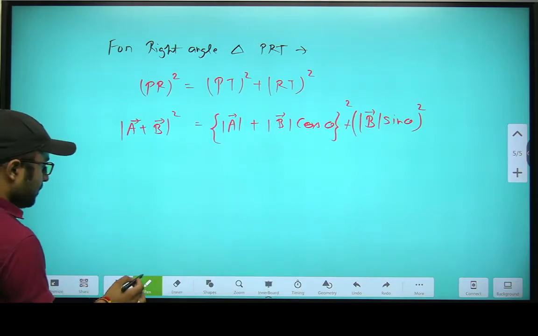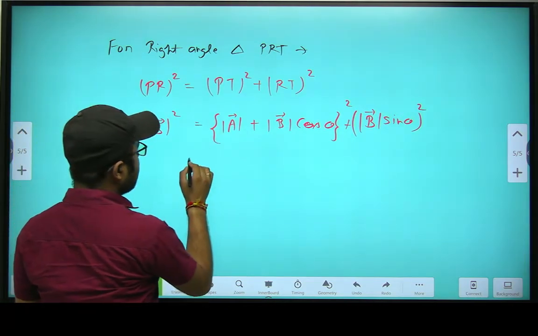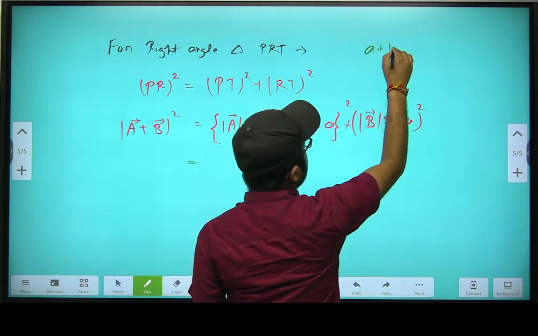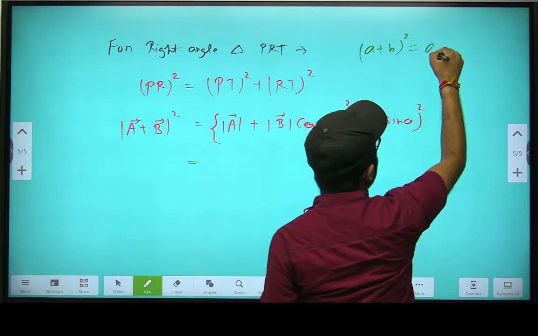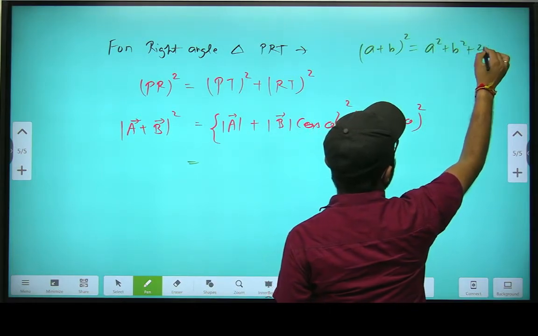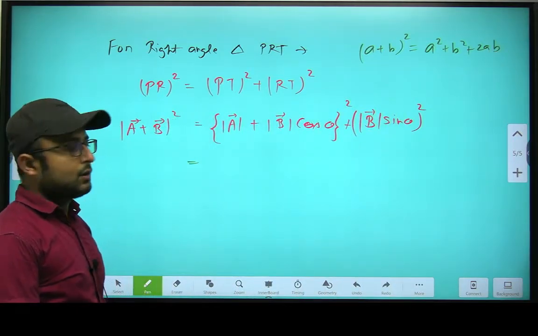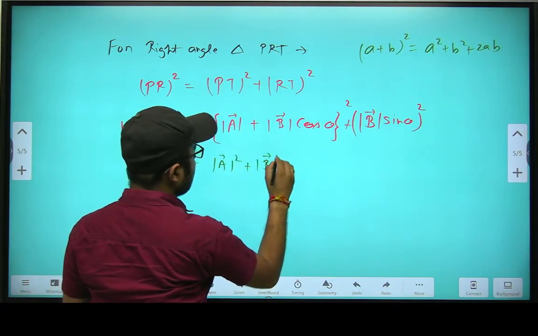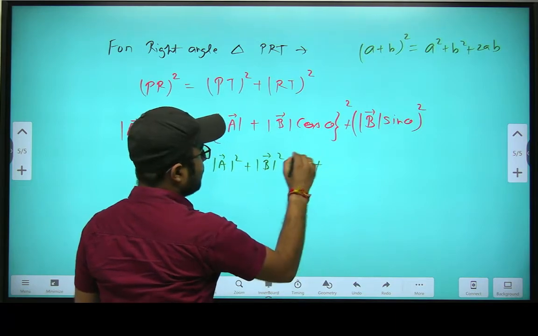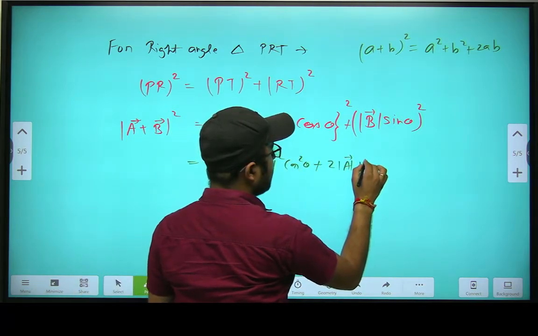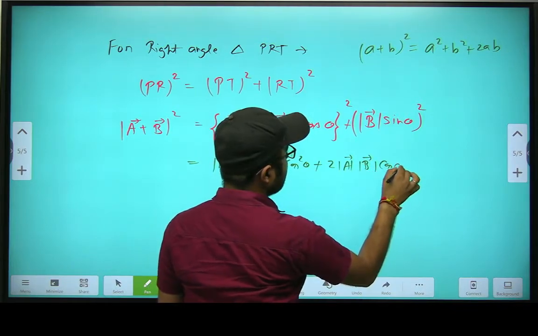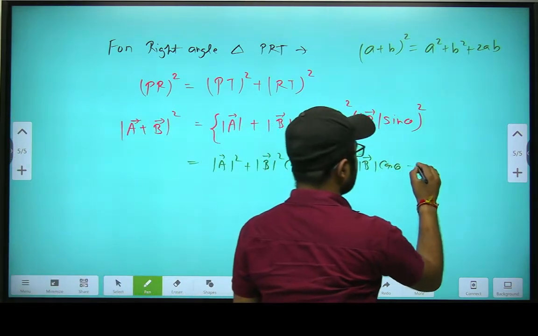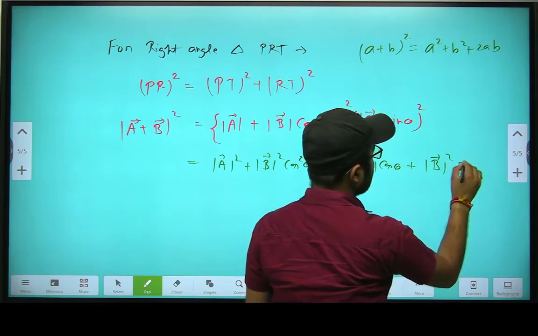So applying the relation and solving for the same, this is A plus B whole square, which is written as A square plus B square plus 2AB. So we can write this as mod A square plus mod B square cos square theta plus 2 into mod A into mod B cos theta, because A is mod A and B is mod B cos theta, plus mod B square sin square theta.